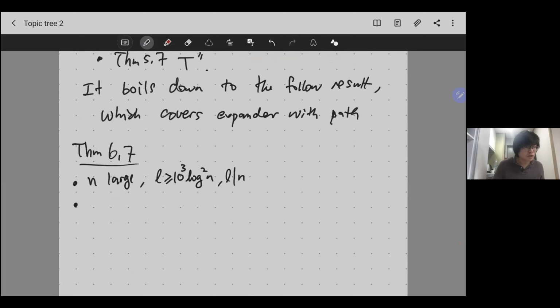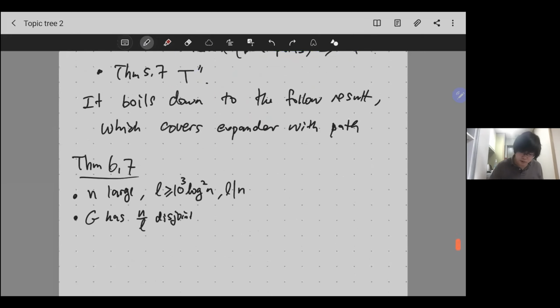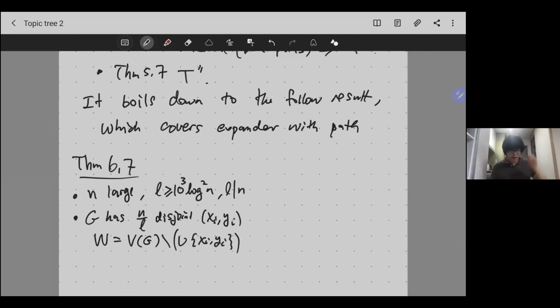And then we assume that G is a graph that has n over L disjoint pairs of vertex sets, which you can imagine as these blue endpoints. We have some specified endpoints, disjoint x_i, y_i, n over L of them. And let's call W the remaining vertices.